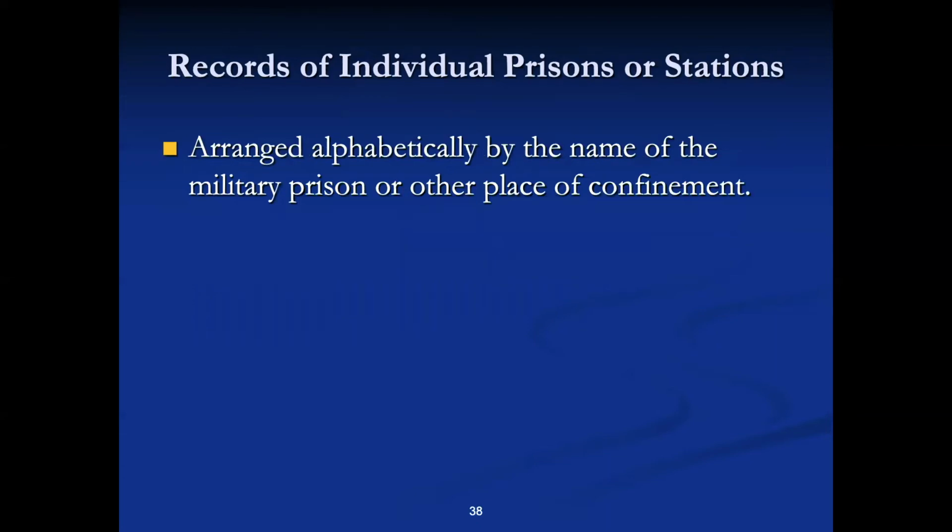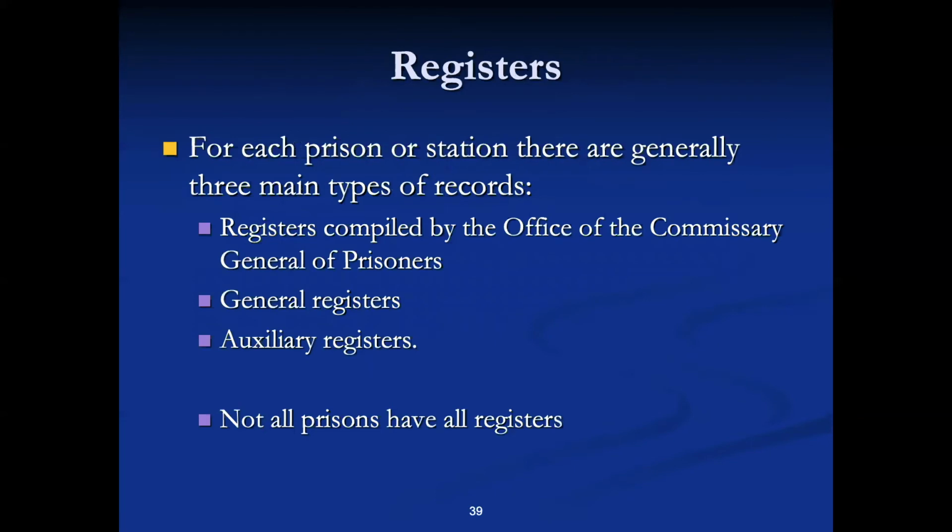Now, there are records of individual prisons and stations, and they're arranged alphabetically by name of the military prison or other place of confinement. That's what this roll list is all about. And it talks about what registers there are. So for each prison or station, there might be 3 main types of records. Those compiled by the Office of the Commissary General of Prisoners, general ledgers, and auxiliary ledgers.